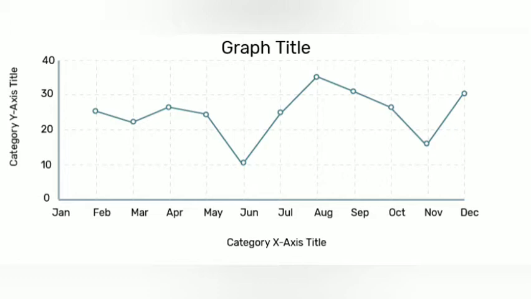And along y-axis we can have percentage, figures in millions, billions. It can represent count of people, it can represent temperature, it can represent percentage of your free time. So this is basically our line graph.